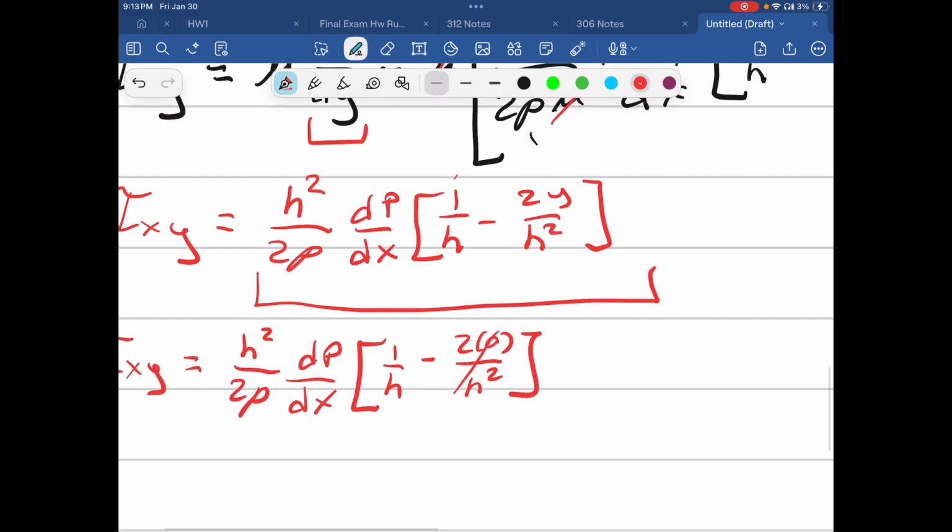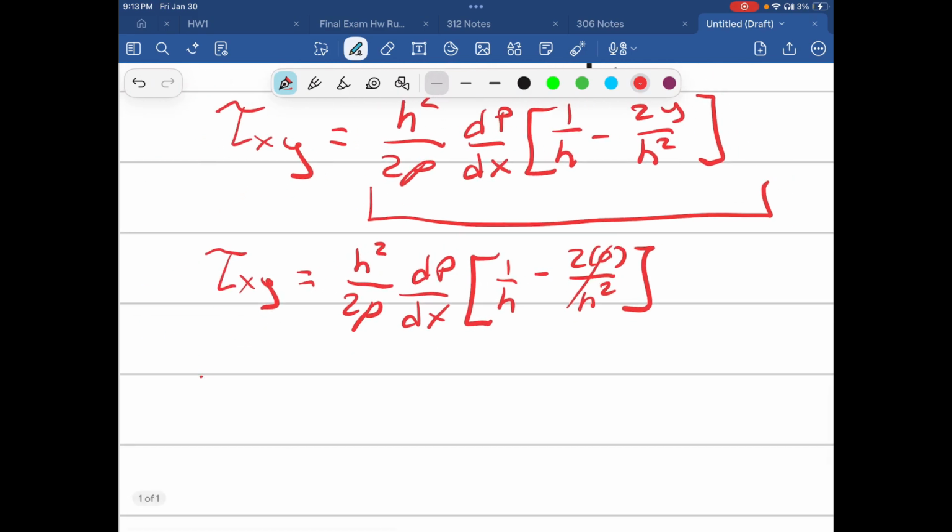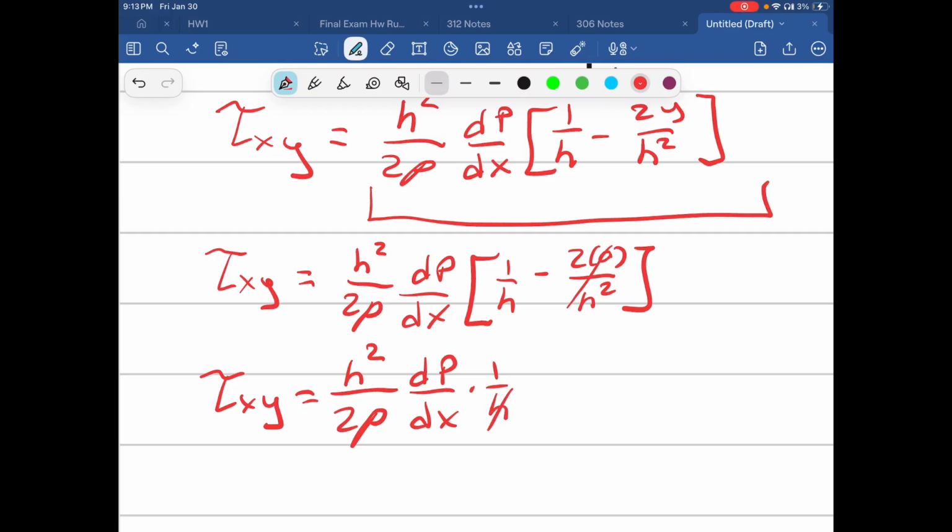This turns into 0, that cancels, and we're left with tau xy equals h squared over 2 rho dp dx times 1 over h. That h cancels here, and we're left with h over 2 rho dp over dx.